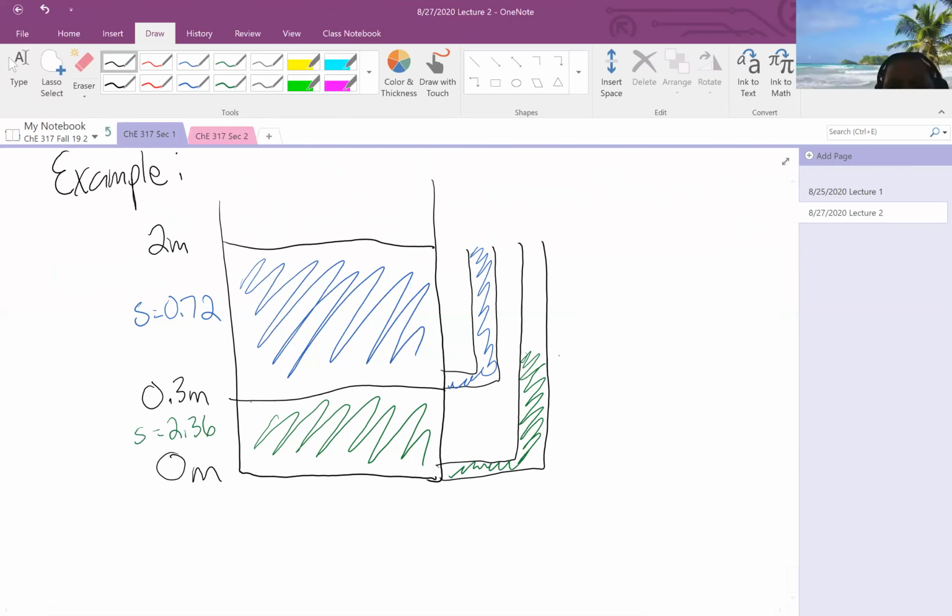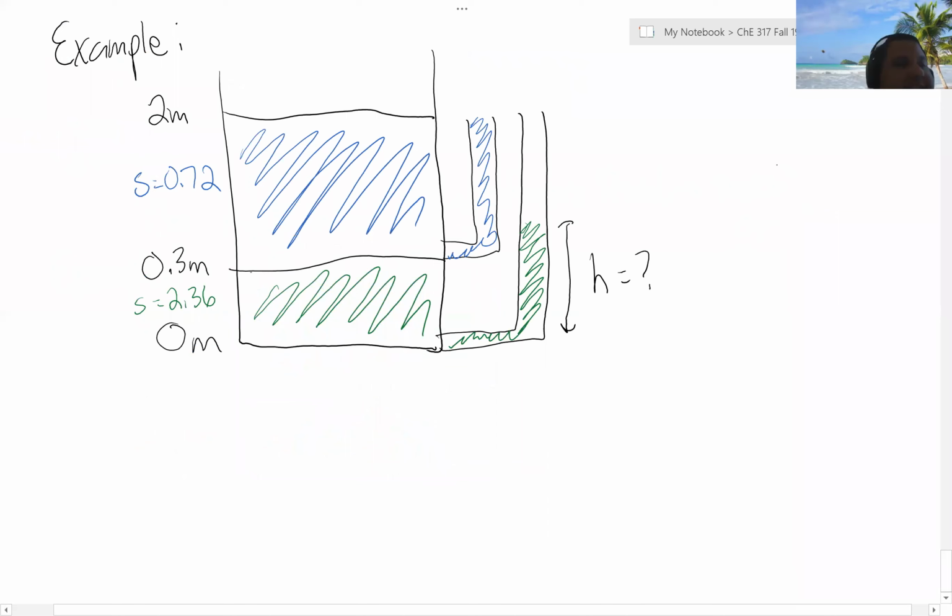So what is this height here? So what's the best way to jump into this problem without actually jumping? And besides Google.